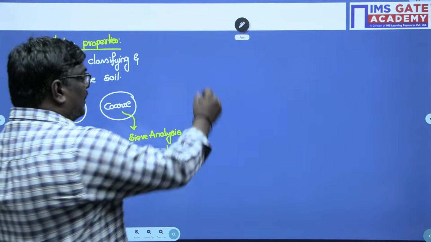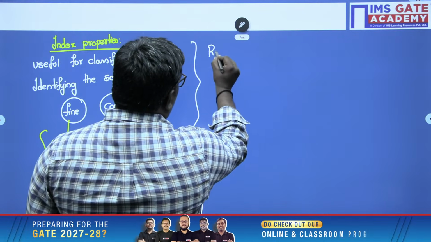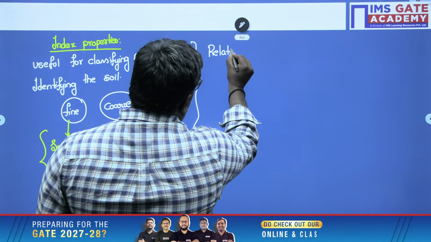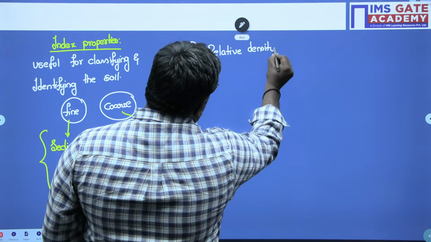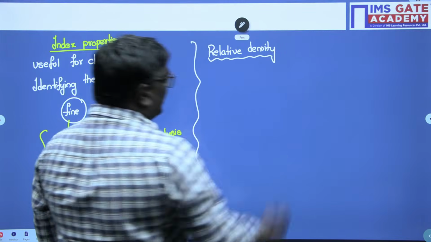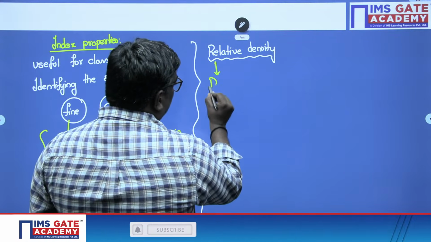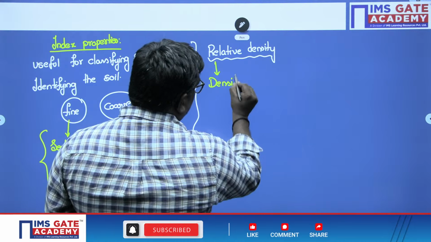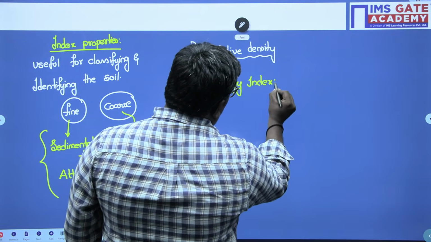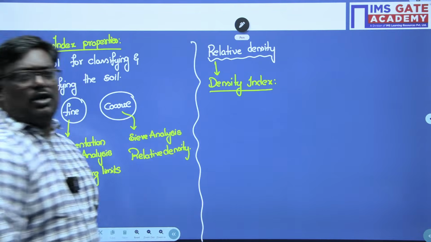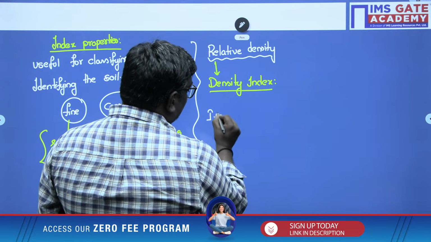Now, when I talk about relative density, relative density is also known as density index.